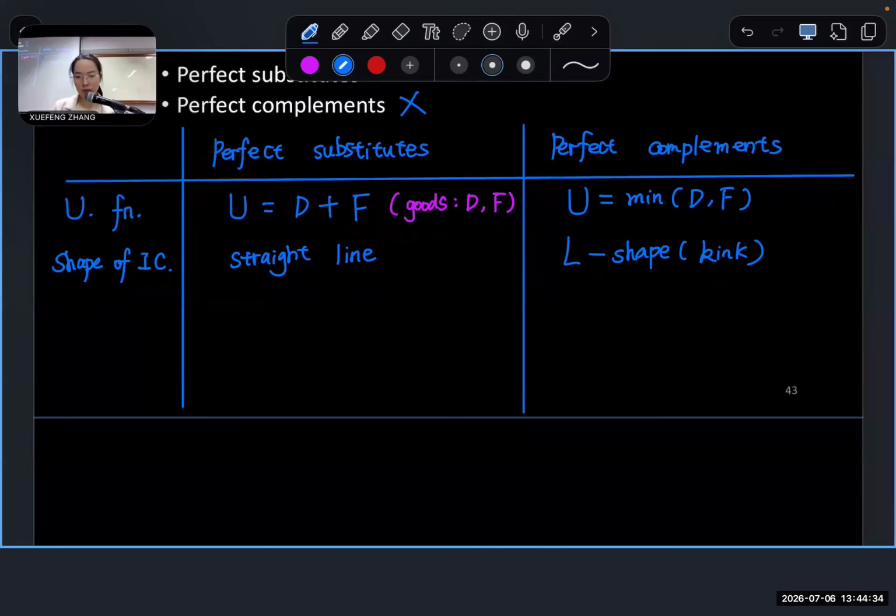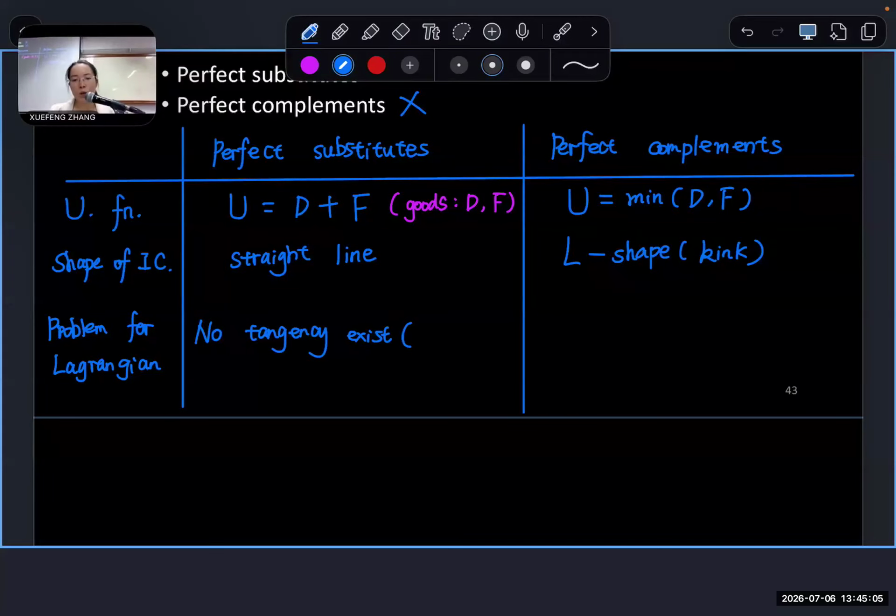So what is the problem if we use Lagrangian to solve it? For perfect substitutes, because it's a straight line, there's no tangency, right? Instead, we solve perfect substitutes by corner solution. Still remember, we use corner solution.